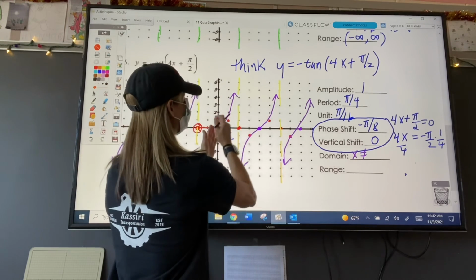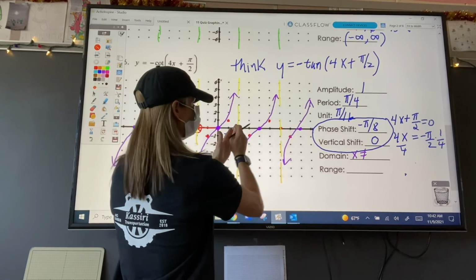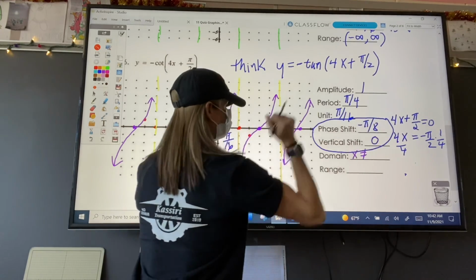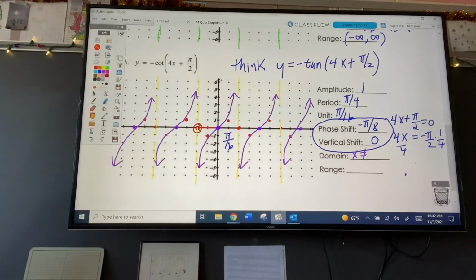We have to do the first distance plus this actual consistent distance times k. So the first asymptote is at pi over 8 plus period times k.